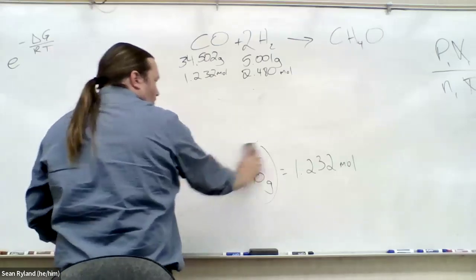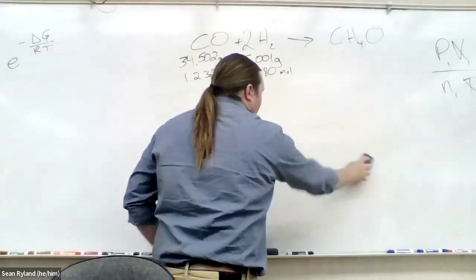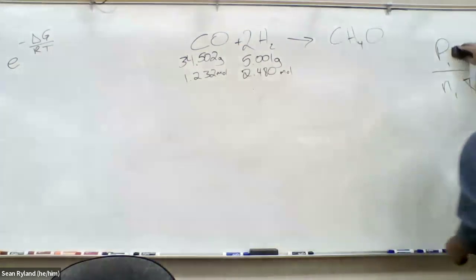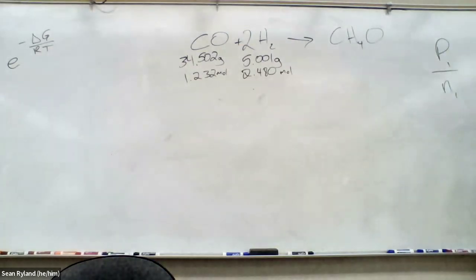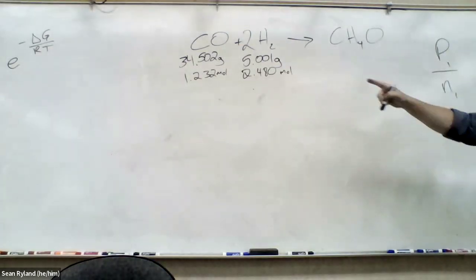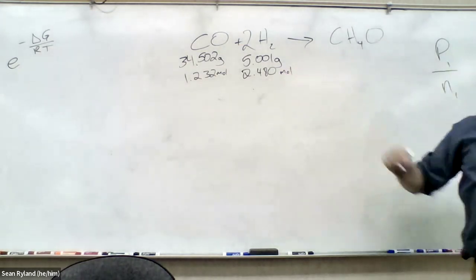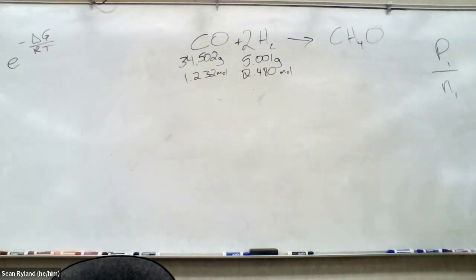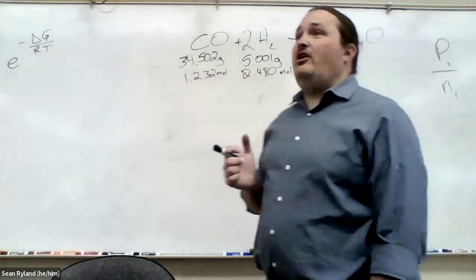So that's enough to fill out one side of our gas law equation over here, right? That's enough to get N1. And we have P1 given, right? How do we get N2? Figure out what gets used up, figure out what's left over.